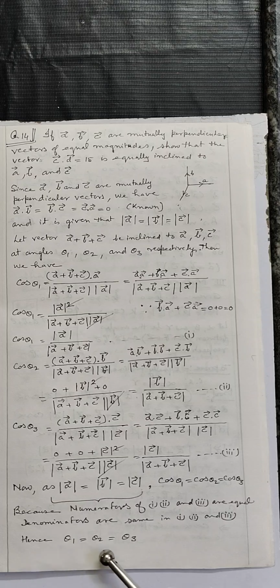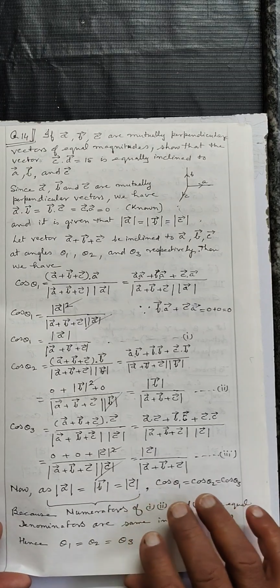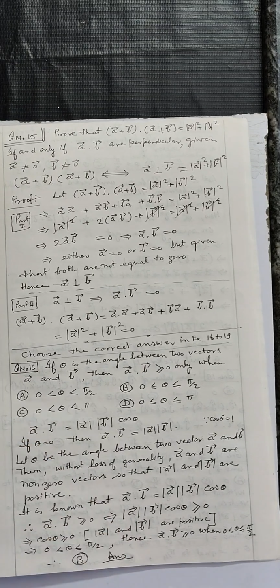Hence, theta 1 is equal to theta 2 is equal to theta 3, equally inclined. Now come to second method of the same question.